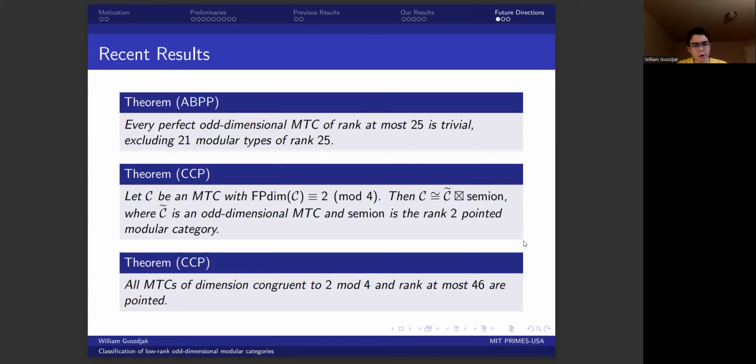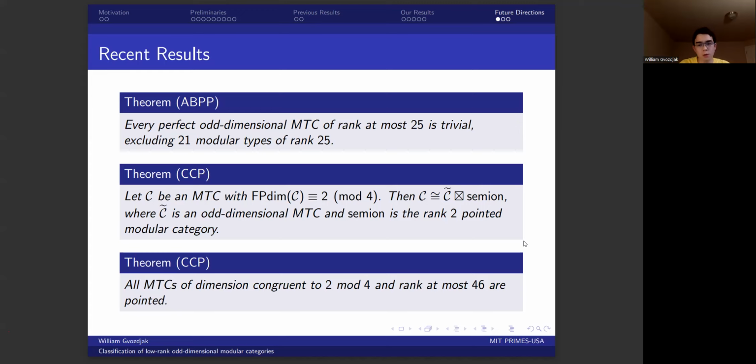Additionally, it was also recently shown that if C is a modular category with Frobenius-Perron dimension congruent to 2 mod 4, then C can be factored into an odd-dimensional modular category and semion, which is the rank 2 pointed modular category. This states that the classification of modular categories with FPDIM congruent to 2 mod 4 actually depends on the classification of odd-dimensional modular categories.